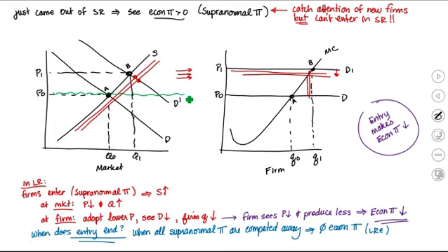So does everyone agree that entry is going to continue? So let's let entry continue. Am I done with entry? Are there still supernormal profits? Yeah, because we're above price P0, right? So how do I know when entry is done? How do I know how to draw it? What should I do? I should shift my supply curve into what?